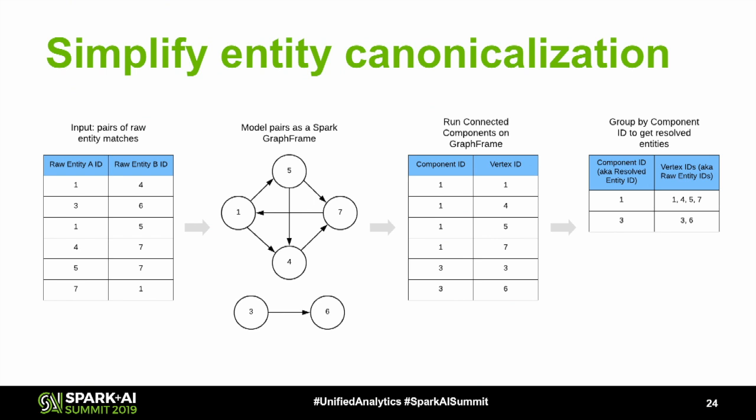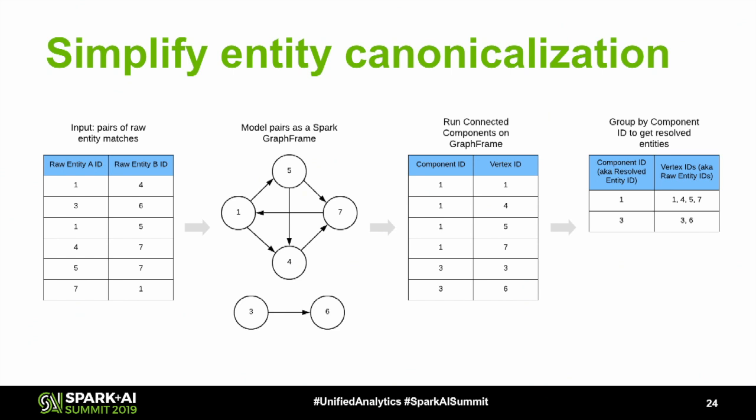The next pattern that I'll show is focused on that canonicalization part of the process, or aggregation to resolved entities. On the left is kind of what we're starting with. I know it's a little hard to see, but these are the matching same-as pairs.